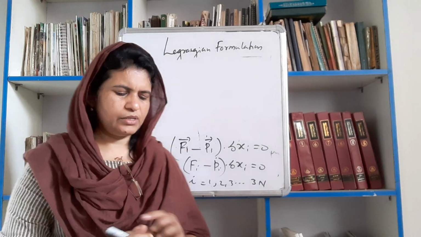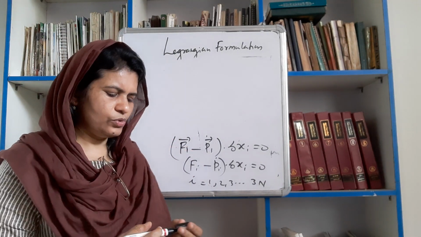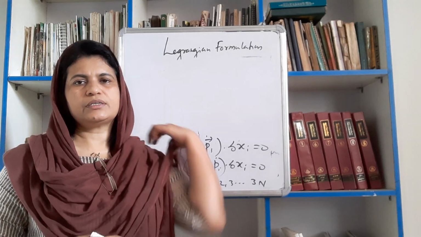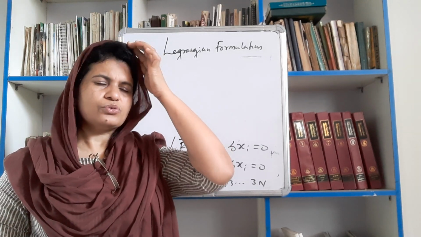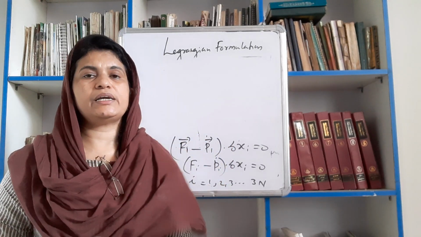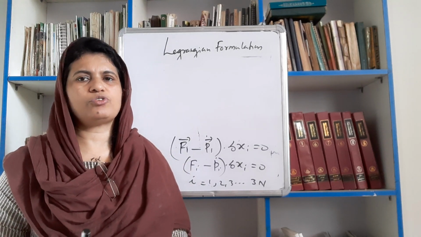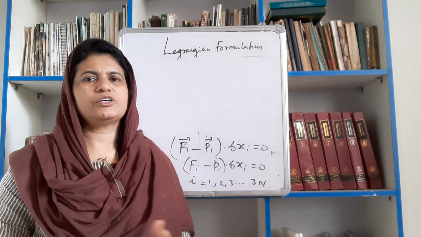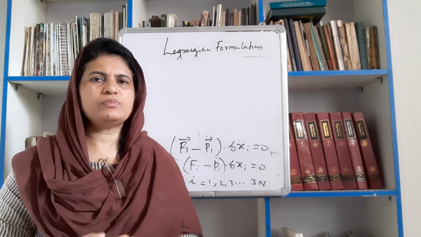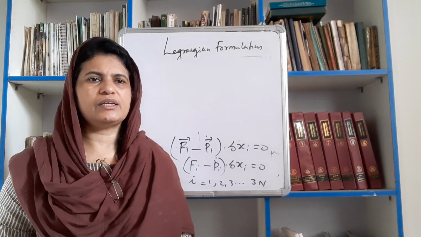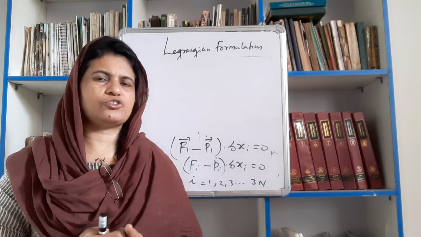next video. This much I am taking in the class now, and in the next video we have to specifically define the Lagrangian formulation and the equations used to solve problems in mechanics easily by using Lagrangian equations of motion.